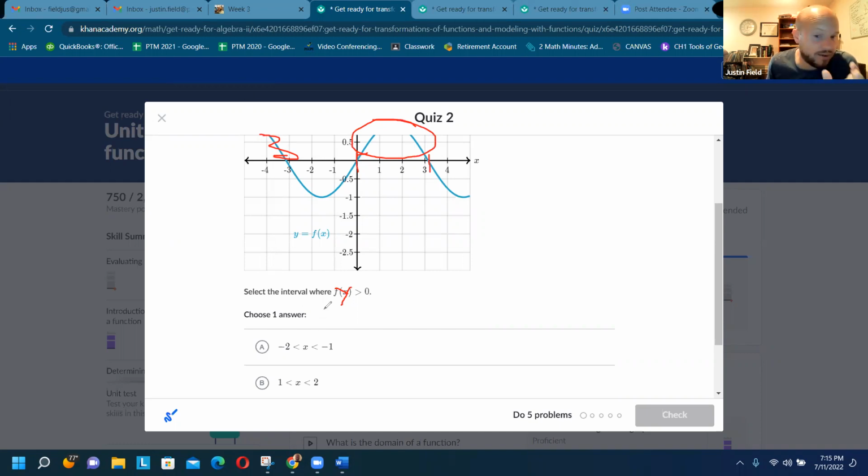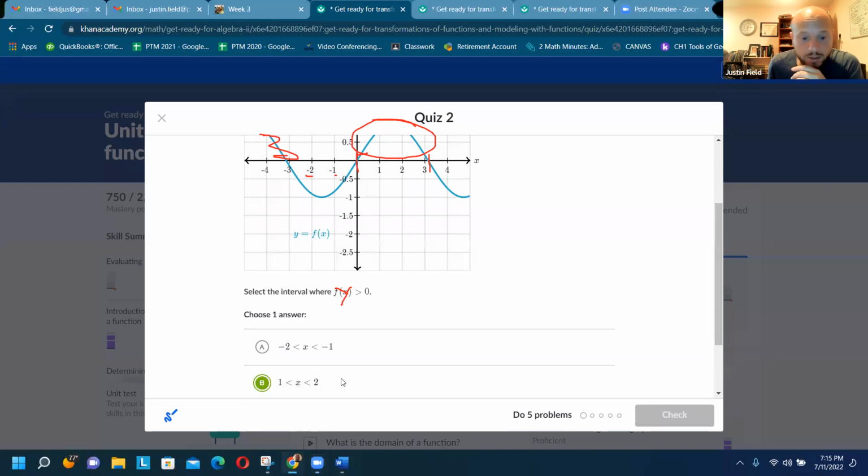That's when f of x or y is greater than 0. So -2 to -1, no, it's right down here. 1 to 2. Yes, that works. 1 to 2 is right here, and that is inside the part that I circled.